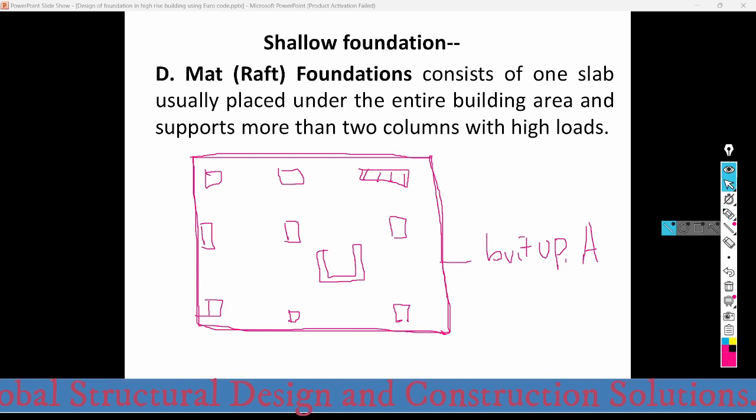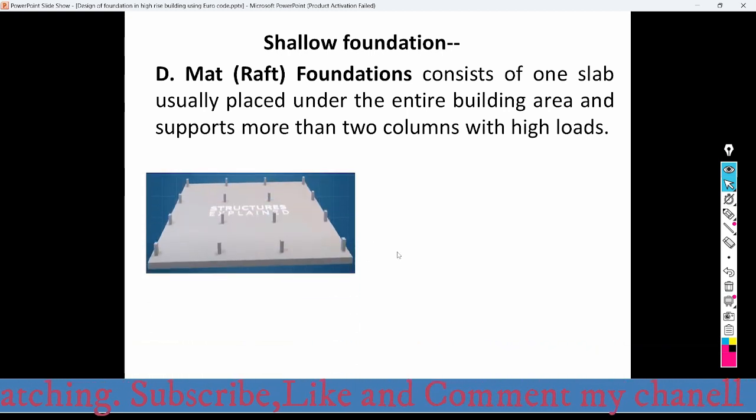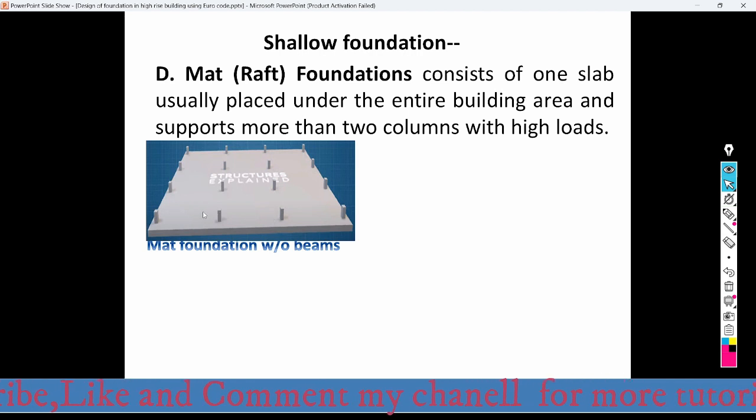So here are some examples of mat or raft foundations. There are different types of mat foundations. The first one is the mat foundation without beams or stiffeners, which comprises only the columns and excludes the beams.